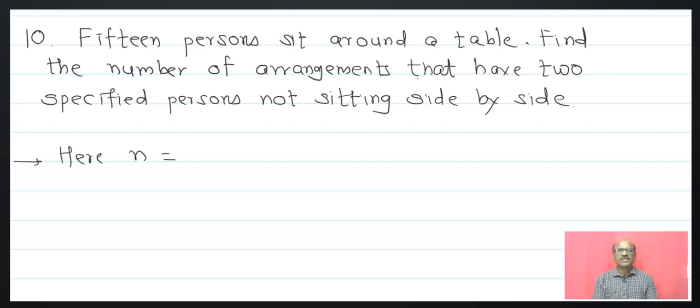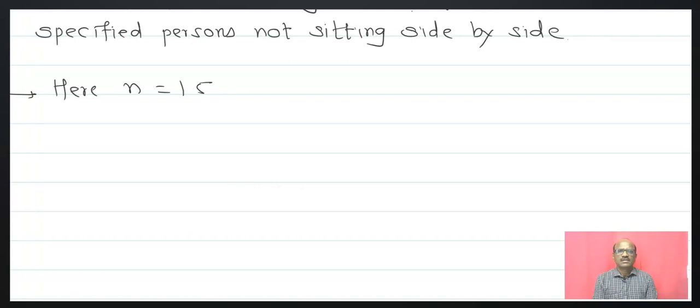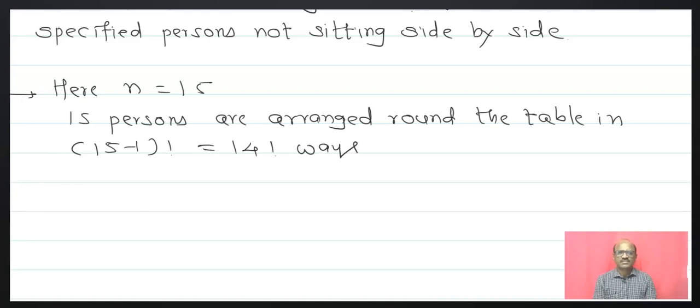That is the problem: 15 persons sit around a table. Therefore, here n is equals to 15. 15 persons are arranged around the table in 15 minus 1 factorial, that is 14 factorial ways.